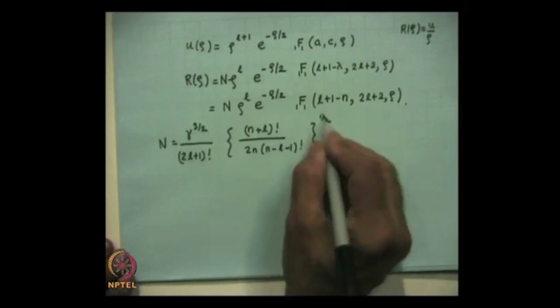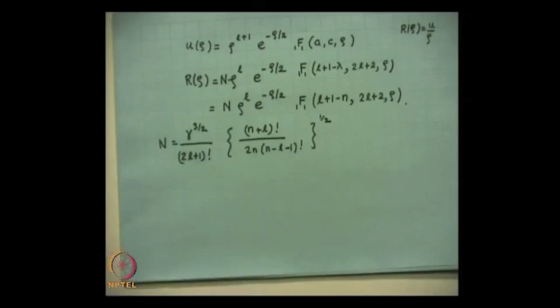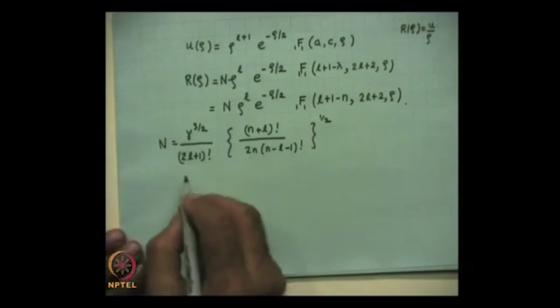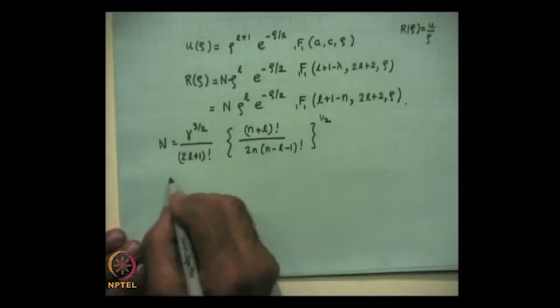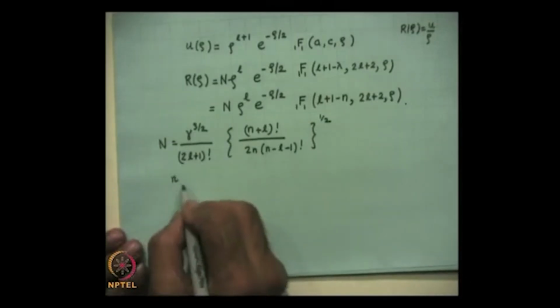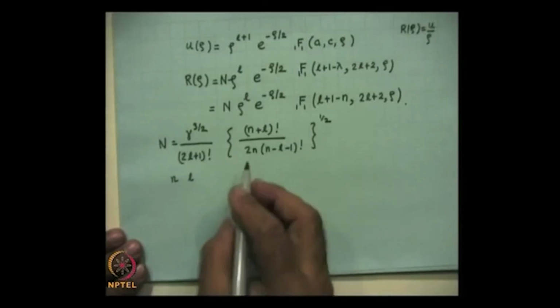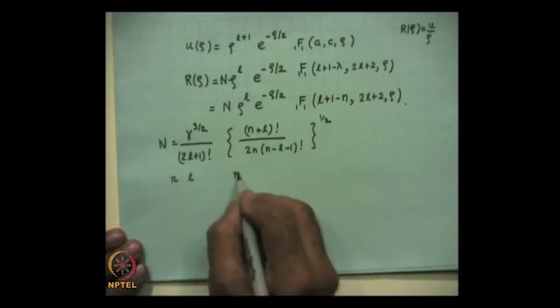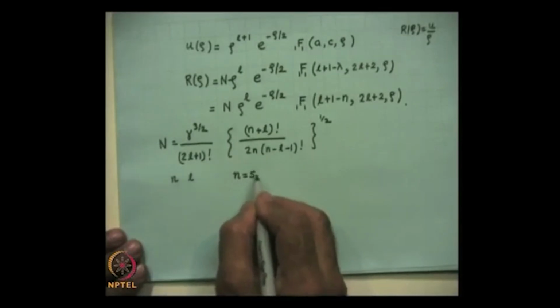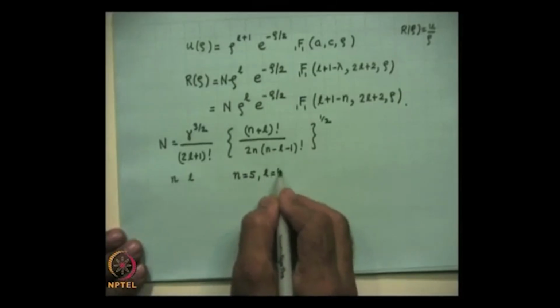The hypergeometric functions are much easier to handle than the associated Laguerre polynomials, which are mentioned in most of the books. Now, let us suppose that you give me any value of n and any value of L. So, let me find out for n equal to 5 and L equal to 4.